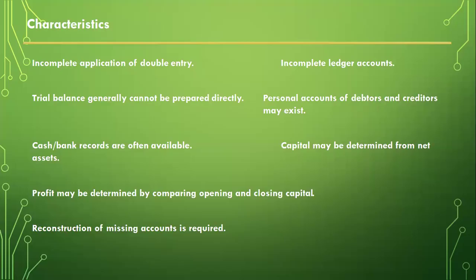And I told us earlier that in incomplete record accounts, the end product of a statement of affairs is our capital. So capital is always determined with the help of an incomplete record. And profit may be determined by comparing your opening and your closing capital.